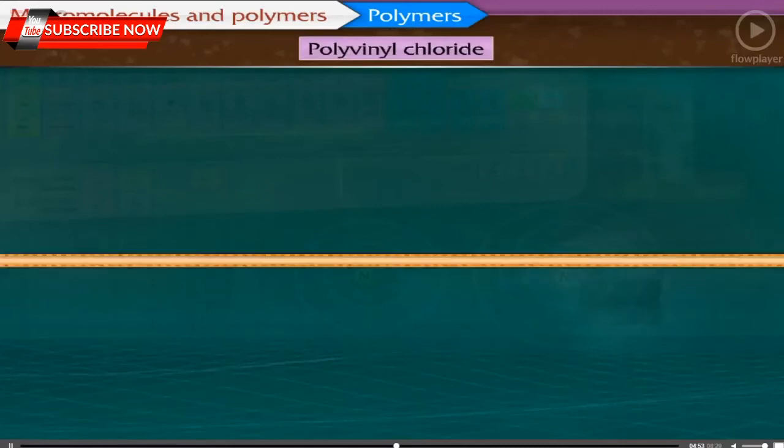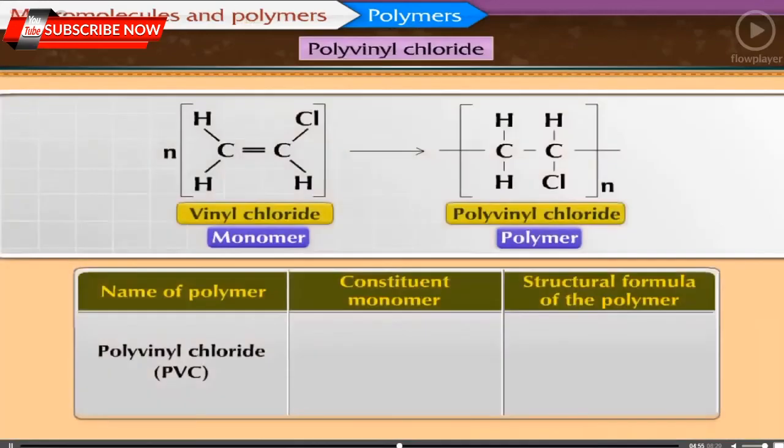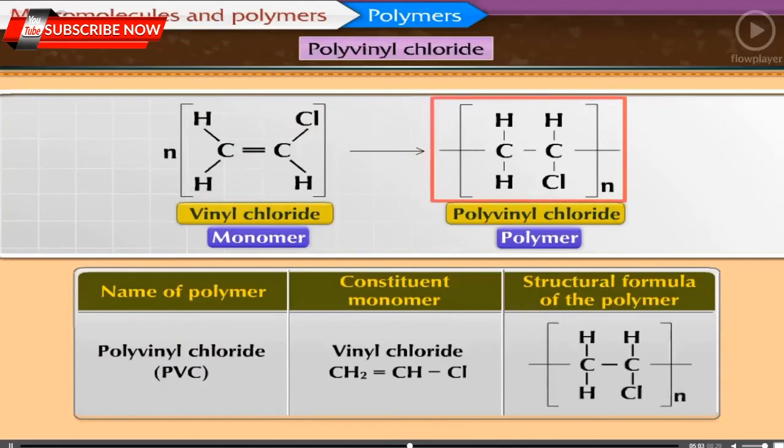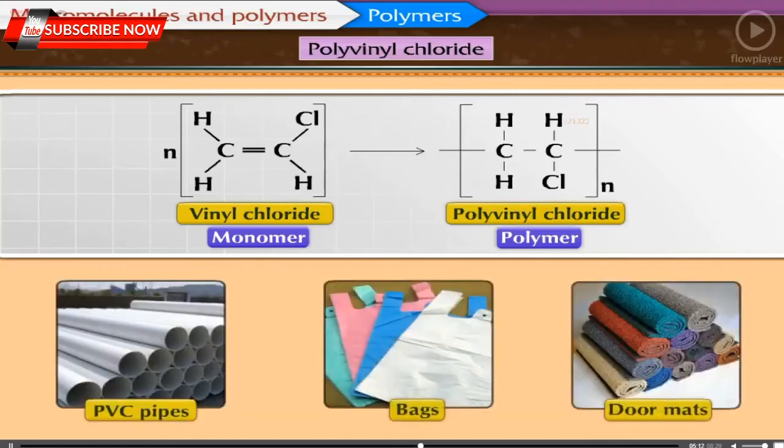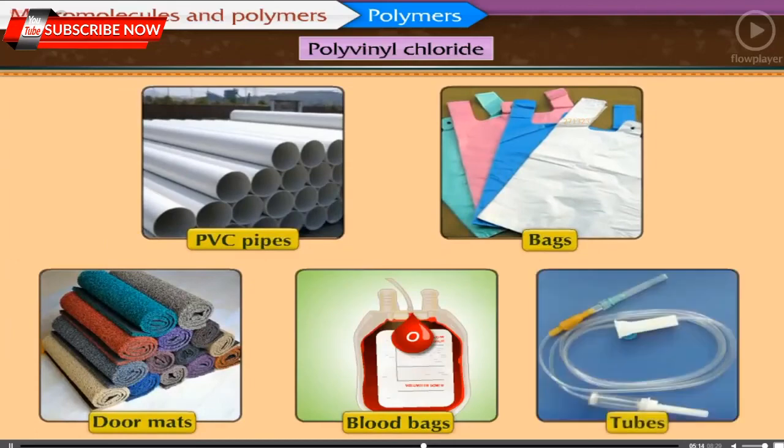Polyvinyl chloride. This polymer is made from vinyl chloride CH2=CHCl monomer. This is the structural formula of the polymer polyvinyl chloride. It is used to make PVC pipes, bags, doormats, blood bags and tubes in hospital kits.